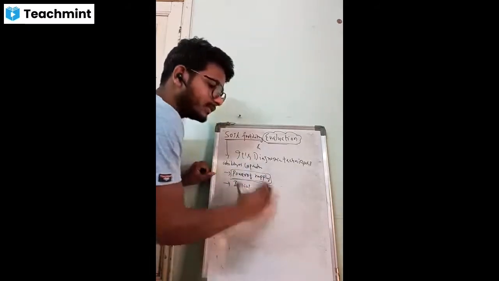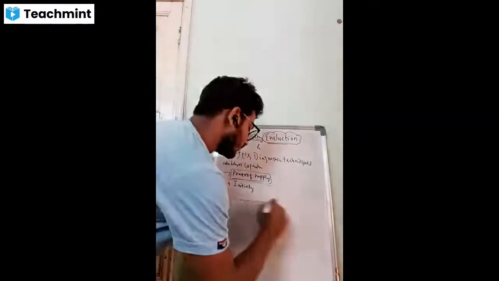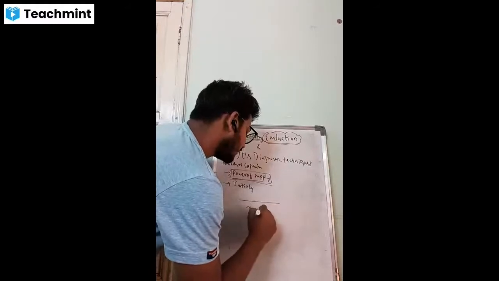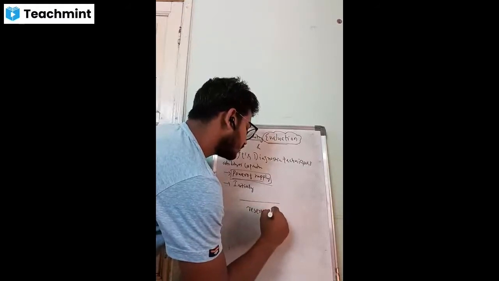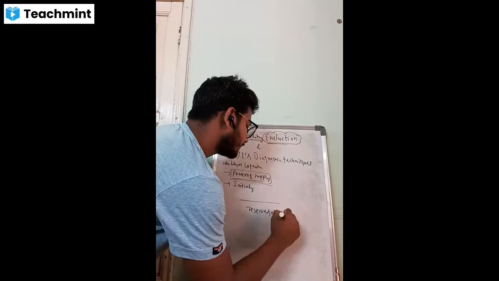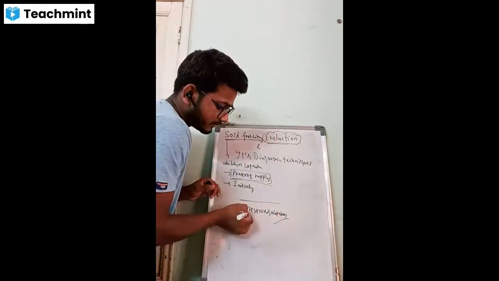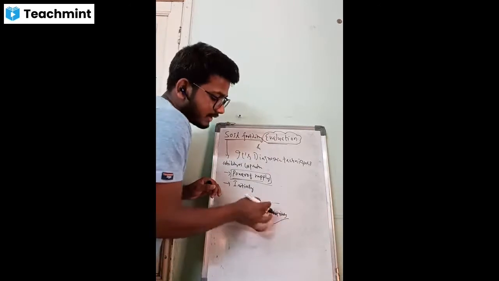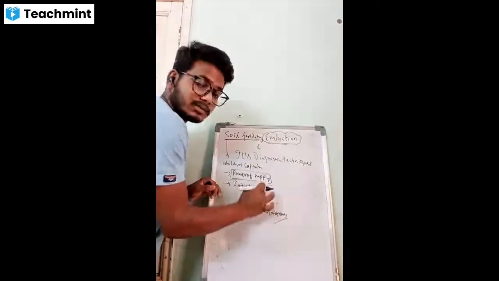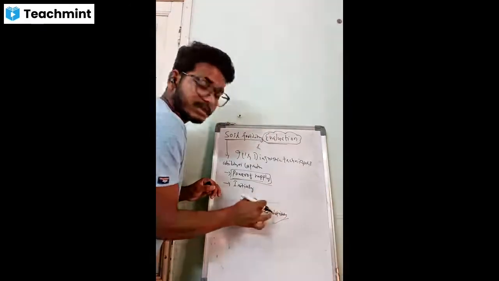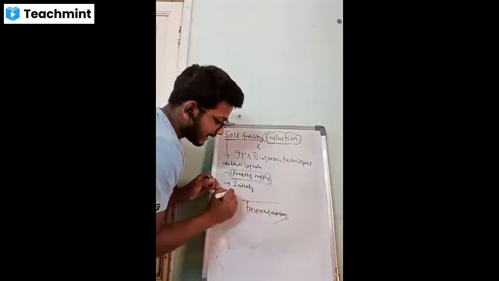Okay, so invariably, initially in the soil there will be some amount of nutrients. Yes or no? Some amount of reserve nutrients will be there in the soil. So from that reserve, the nutrient will be supplied to the plant and the plant will uptake that nutrient and it will grow.